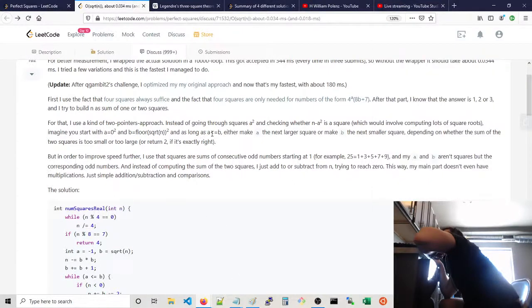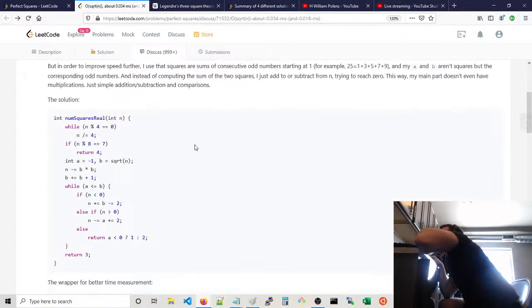And as long as a is less than or equal to b, either make a the next larger square, or make b the next smaller square, depending on whether the sum of the two squares is too small or too large. Return true. That's exactly right.